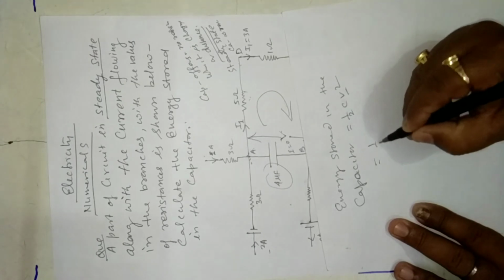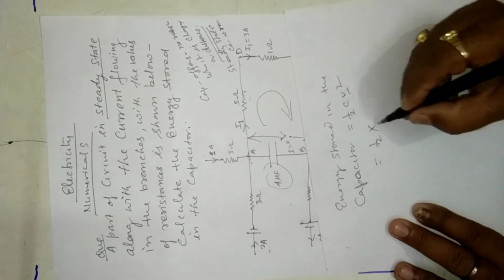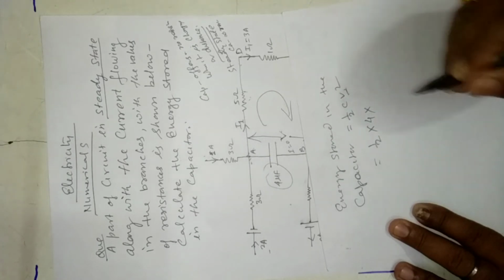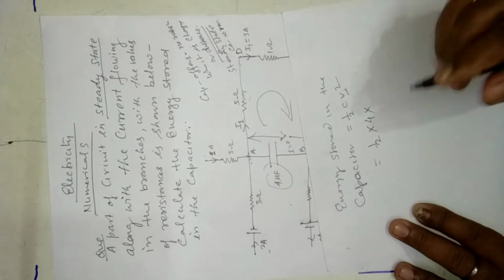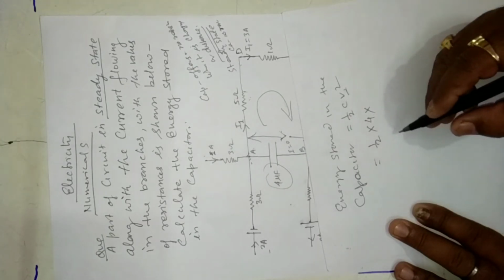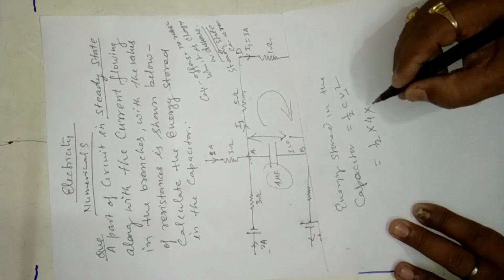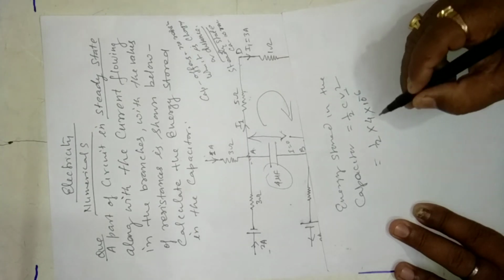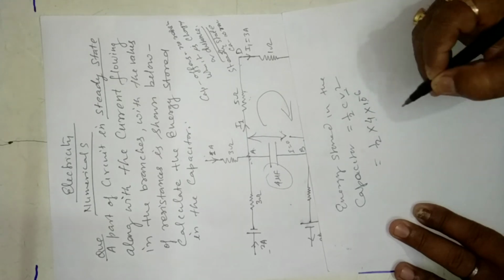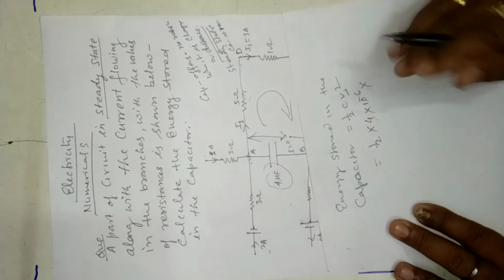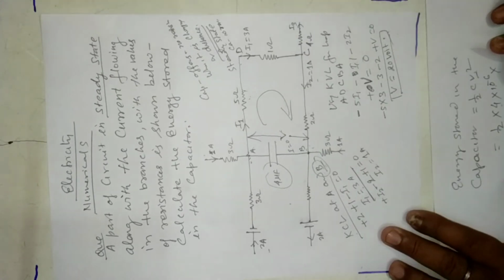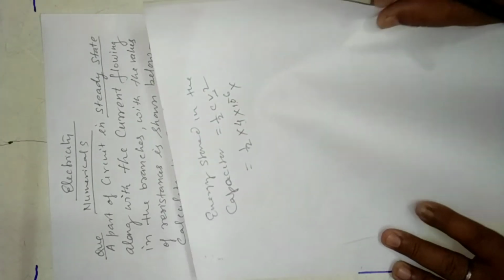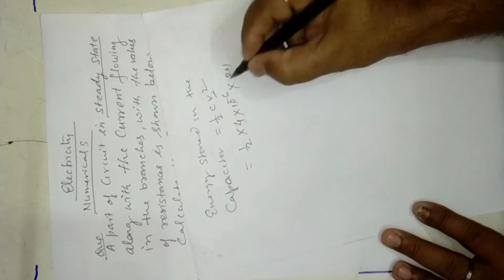So we can write here half into C is 4 microfarad, so we will convert it into farad. So 1 microfarad is equal to 10 to the power minus 6 farad. So 4 into 10 to the power minus 6 farad. Again V we have calculated here, V is equal to 20 volt. So we will write here 20 square.